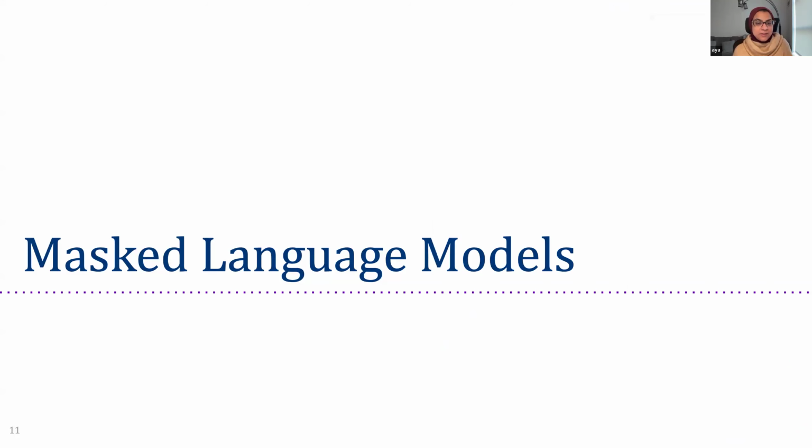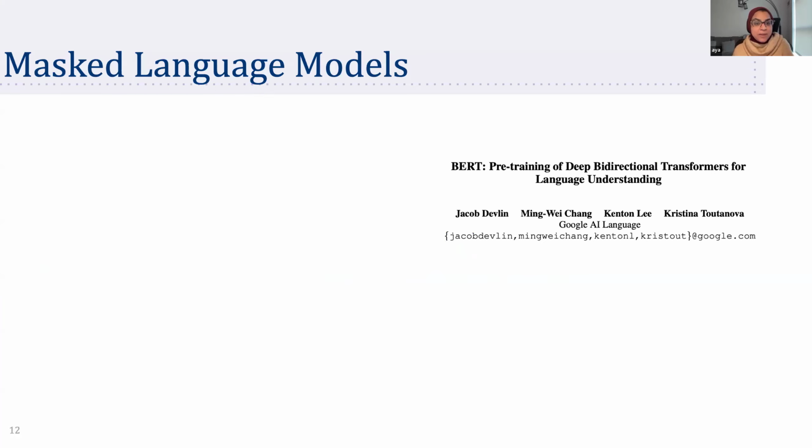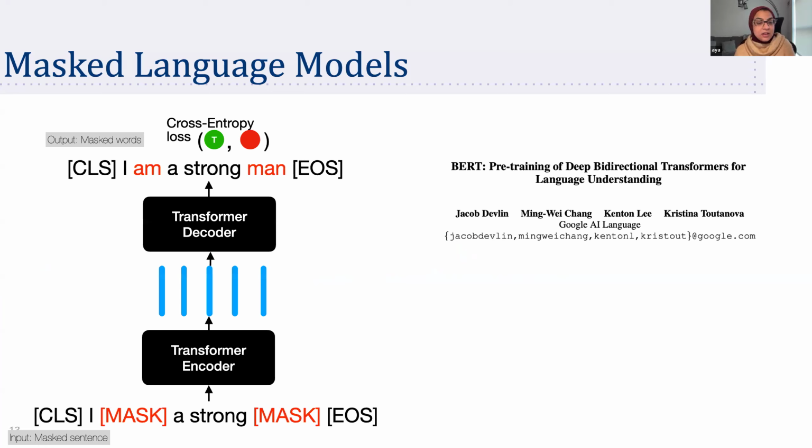I'm going to start by giving an overview of masked language models, what they are and how they're trained. Masked language models were introduced in 2019 in a paper called BERT. The high-level idea was that we train a model to complete a sentence. Humans have been doing this for a while; we took exams about this when we were kids.